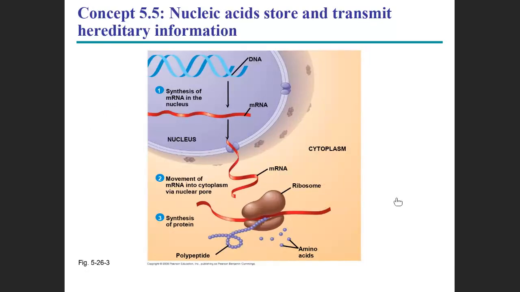So here we're just looking at an image that's summarizing how DNA is used to store genetic information. And as we'll learn later on in the course, the DNA gets transcribed into RNA, which is then translated into protein.